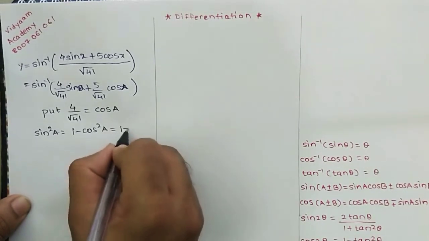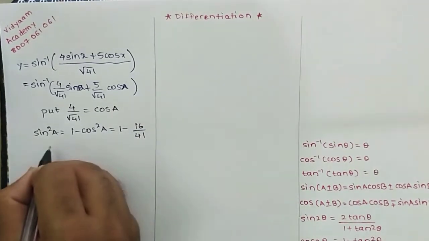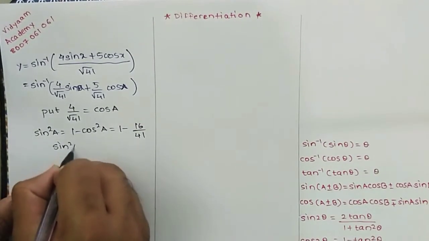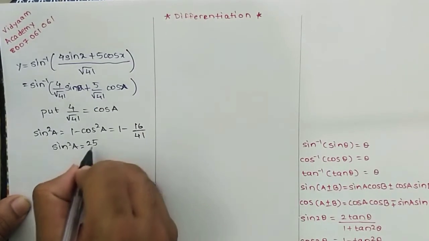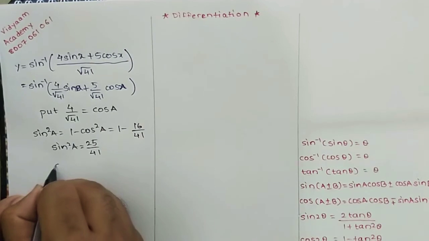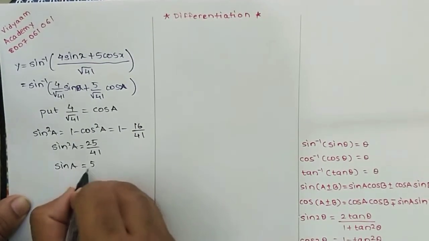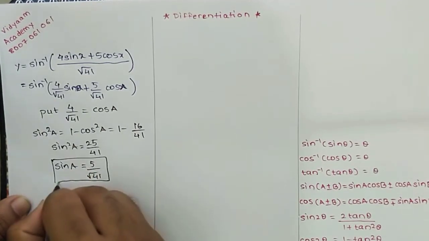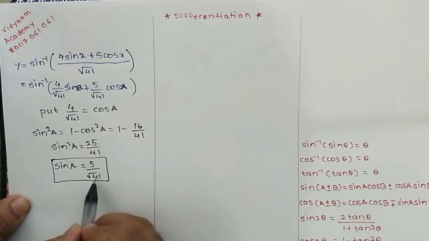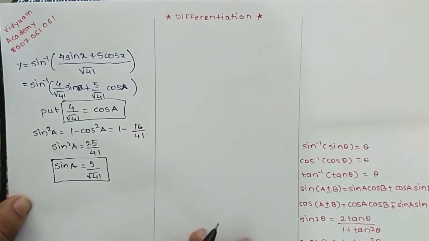Putting that, 1 minus cos square gives 16 upon 41. If you simplify, sine square of a is equal to 41 minus 16, that is 25 by 41, and ultimately the answer for sine a is 5 by root 41. So I'm putting a box for sine a equal to 5 by root 41 and the assumed thing, cos a equal to 4 upon root 41.